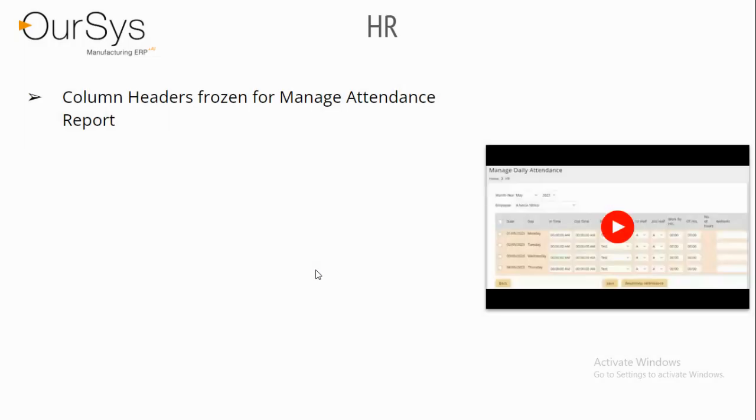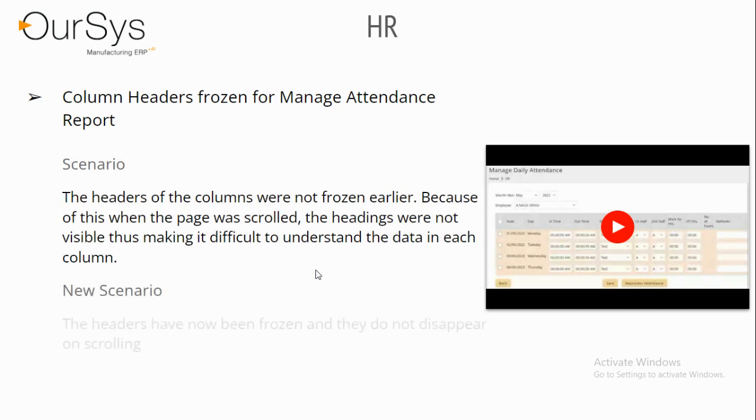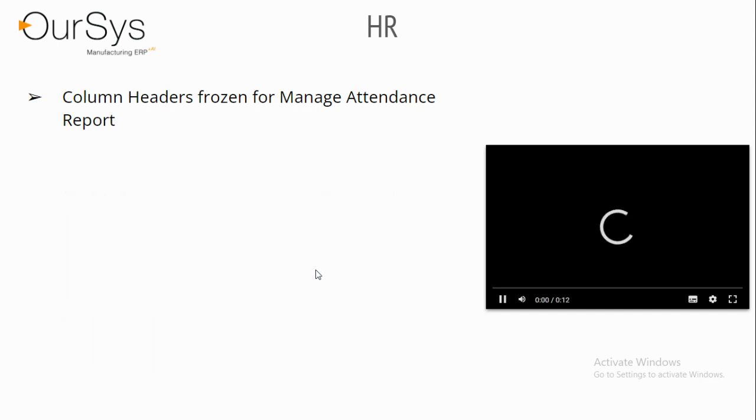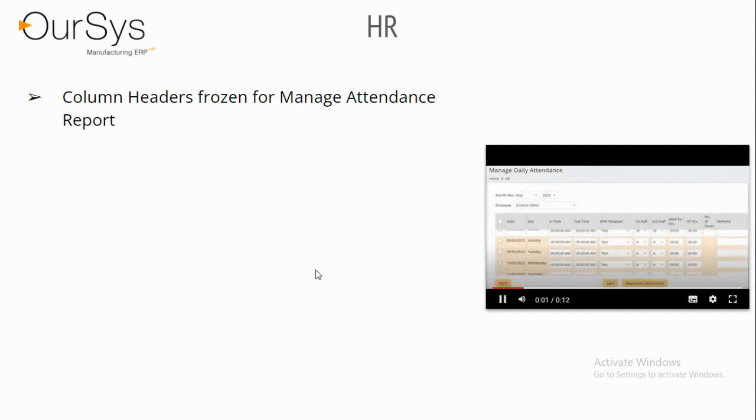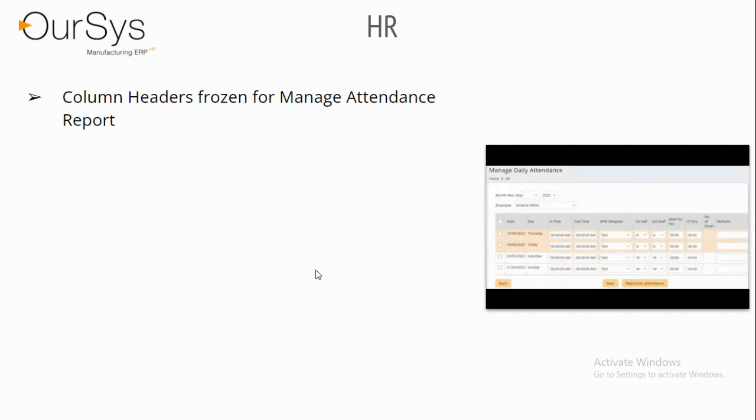The next change we have done is in the HR module. Some columns in the manage attendance report have been frozen, so I can view the data fully. Initially, the headings also used to scroll down, so it was very difficult as a user to identify which columns the data was under.